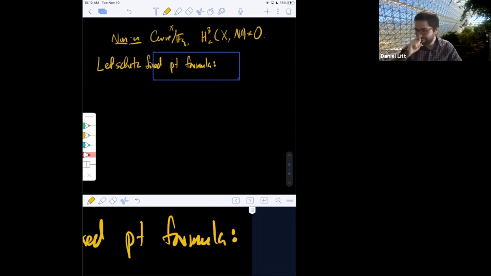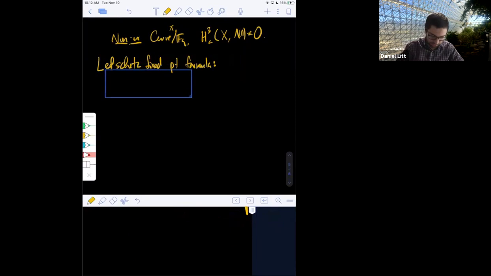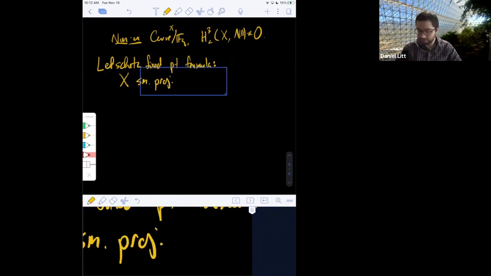All right, let's talk a bit about the Lefschetz fixed point formula. What's the setting? Suppose X is smooth and projective. We don't actually need projective, but I'll state things in this setting for now.